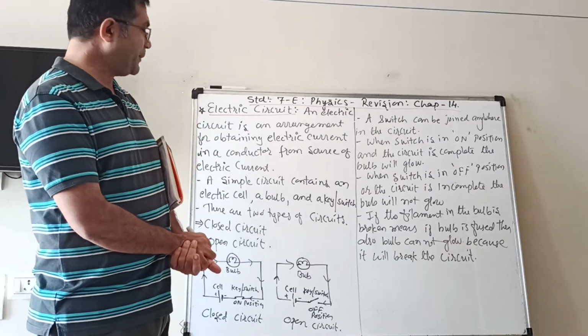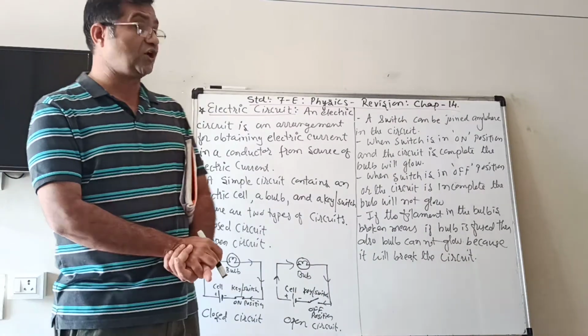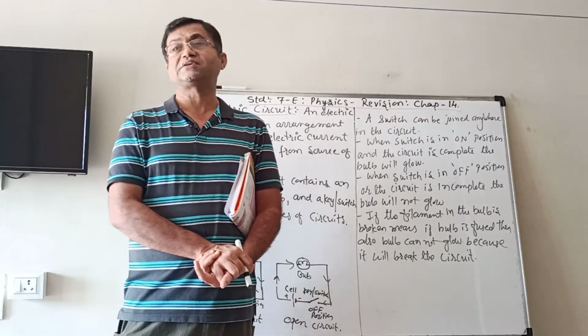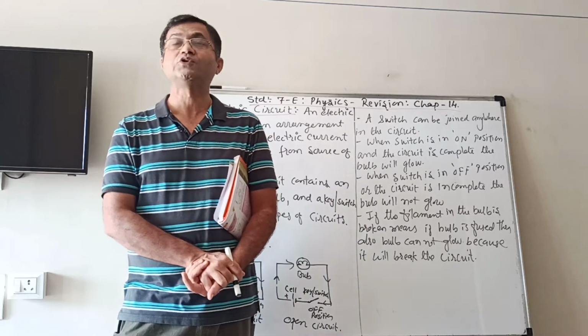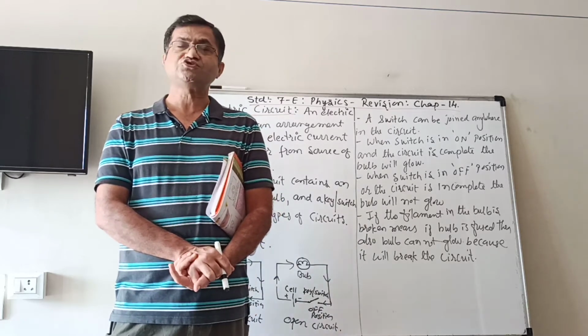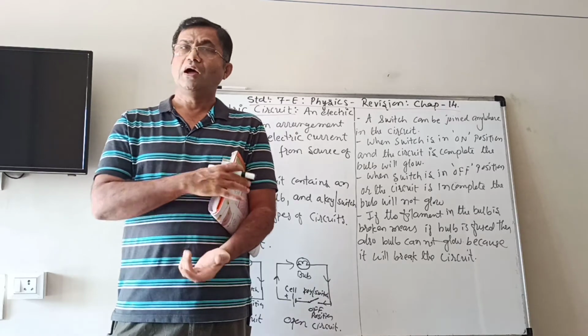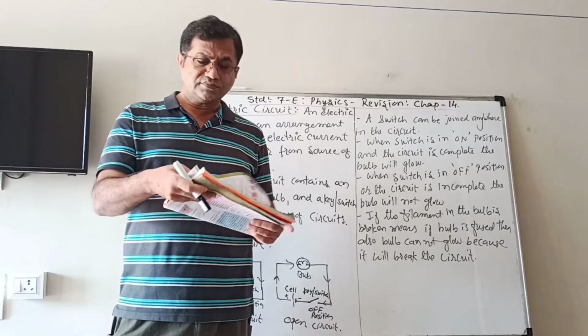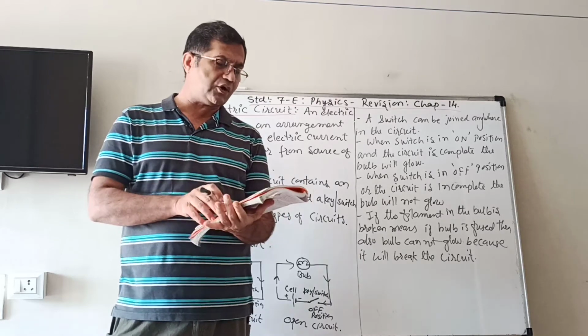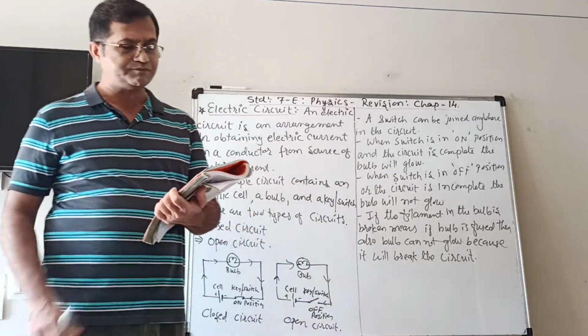And an open circuit is not suitable for a bulb to glow. So in this situation, the bulb cannot glow. So that is the thing we have to remember about both diagrams.